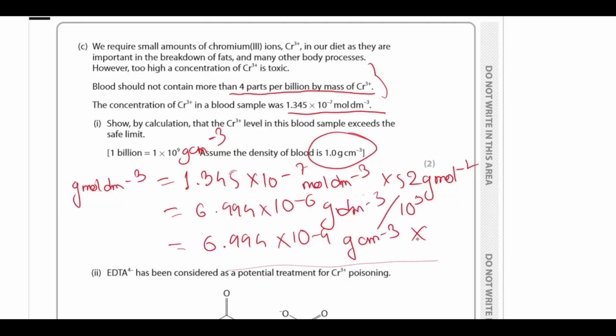So again, this gets cut, so eventually you'll be getting 6.994 ppb, parts per billion. Now that's way above the safe limit, so yes, it exceeds the safe limit. That's correct. So we have shown this correctly.